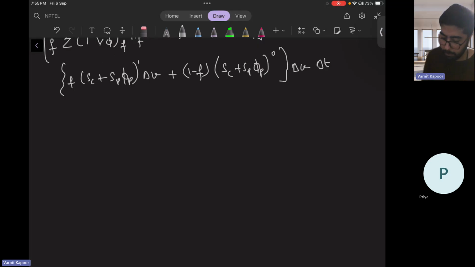Now, the final term will be all the coefficients of phi p together.